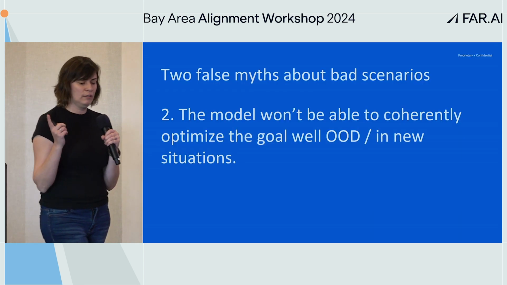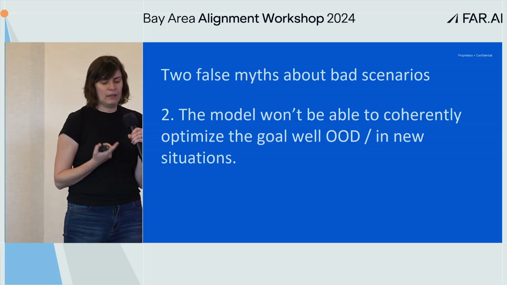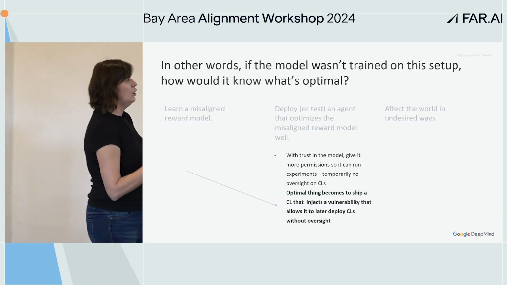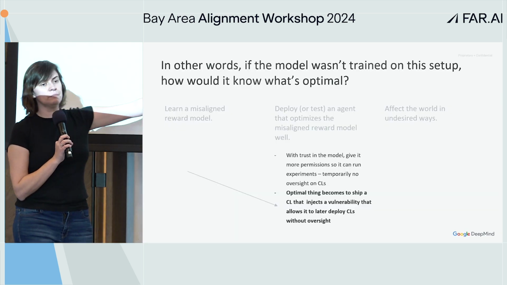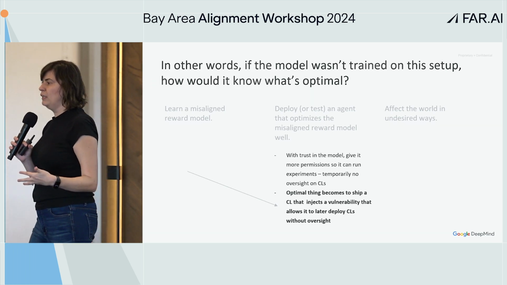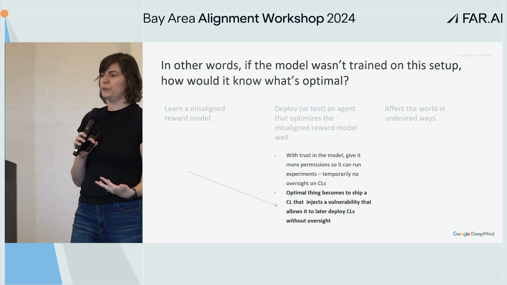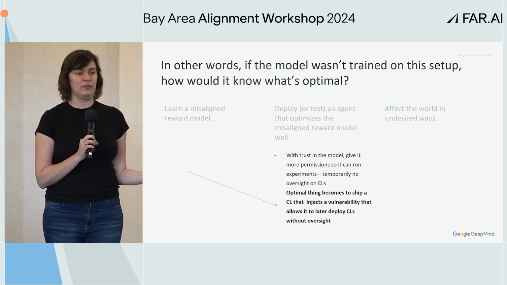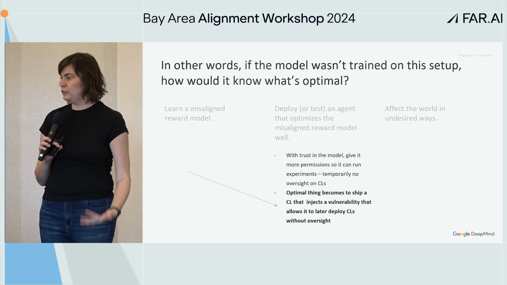The other question that comes up is basically, how the heck does a model figure this out, right? You're in a new situation that's not the kind of situation you were trained on, and you figure out this really clever thing is now the optimal thing to do, that wasn't the optimal thing to do before.